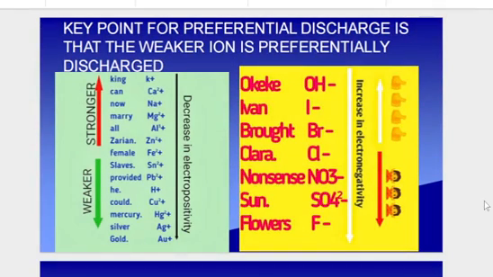Electrochemical series is simply the arrangement of ions in an order of increasing standard reduction potential from top to bottom. Please put this down.